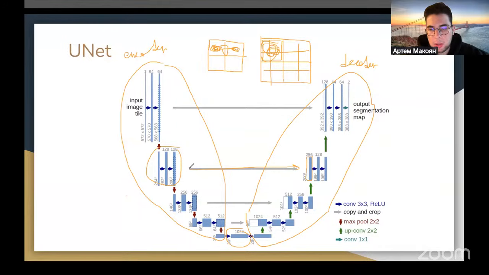But you don't lose local information because you use skip connections. This is called a skip connection. And the layers are the same, convolution layers. So convolution with stride 2, and for the decoder you also use convolution, but also up-convolution or upsample.